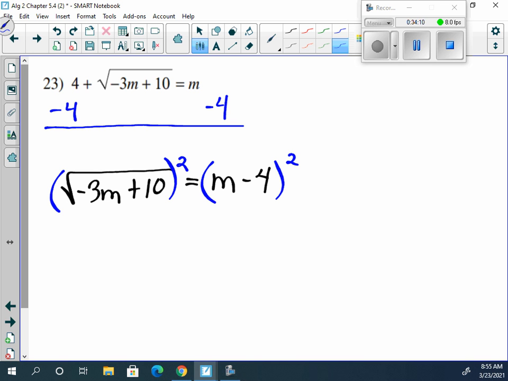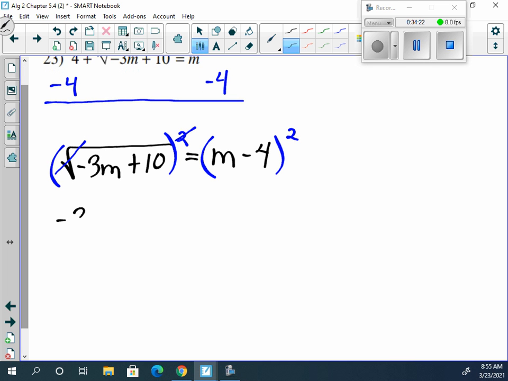And the reason we do this is because the square root and square on the left-hand side will simplify, because we only have that one radical. So it will simplify, which will give us -3m plus 10 is equal to. Over here, we're multiplying m minus 4 by itself.